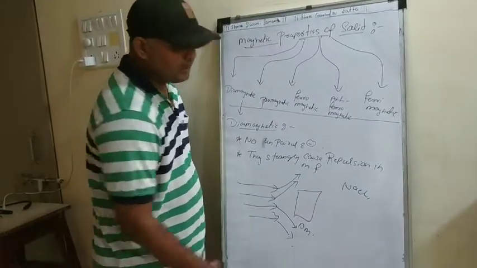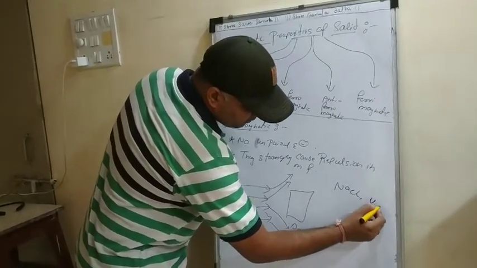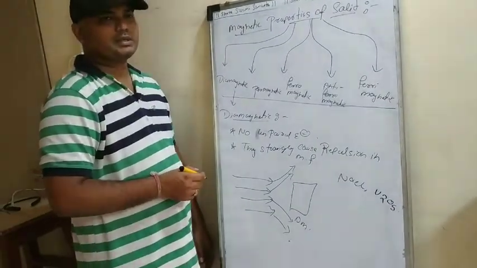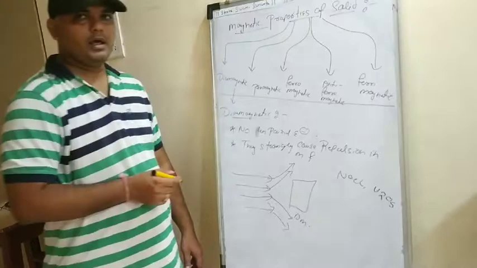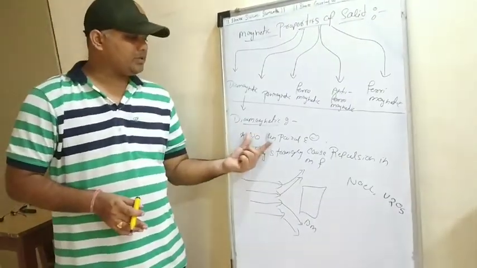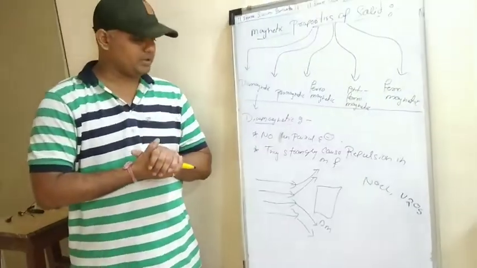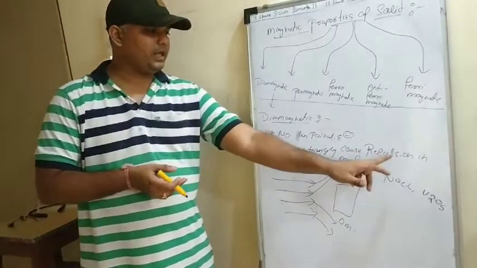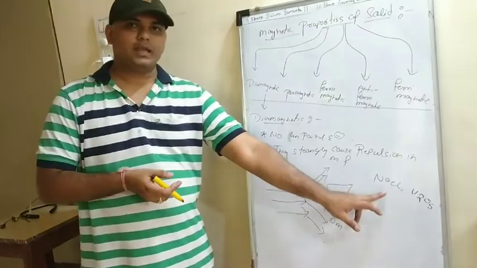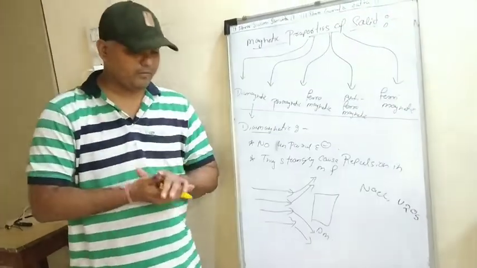NaCl is an example, then V2O5 is an example. So these two examples can be given for the diamagnetic material. Again I'll repeat, it does not contain unpaired electrons, and they strongly cause repulsion in the magnetic field as explained by this diagram. Then examples are NaCl and V2O5.